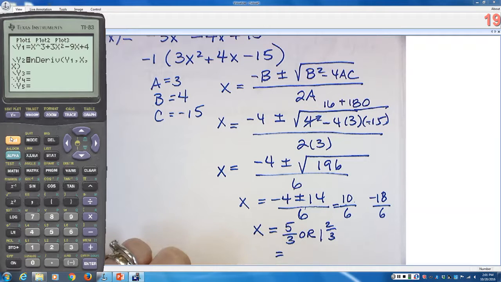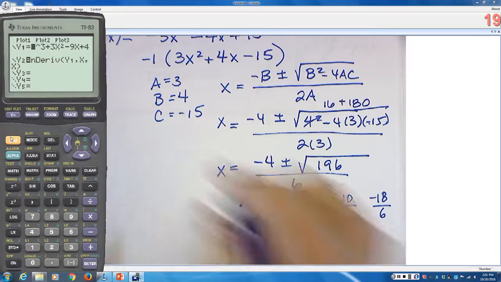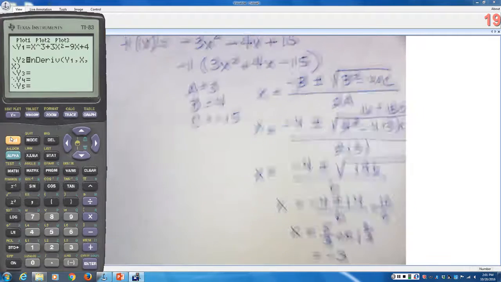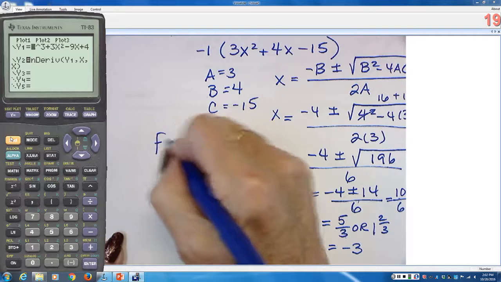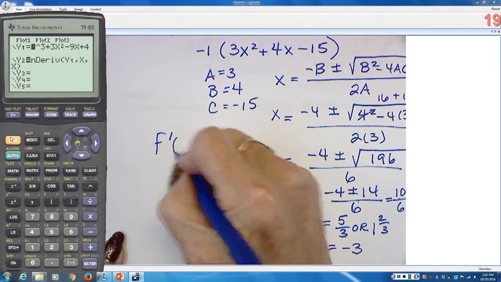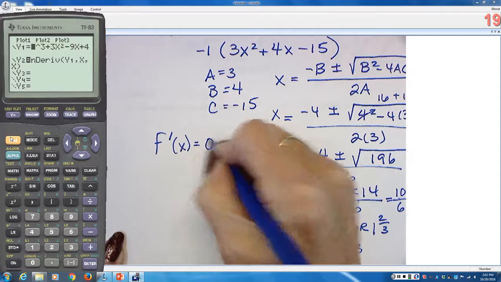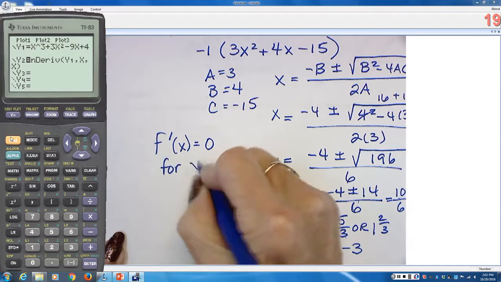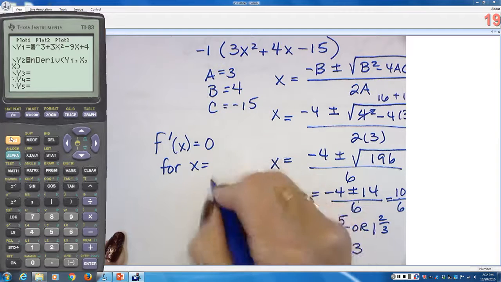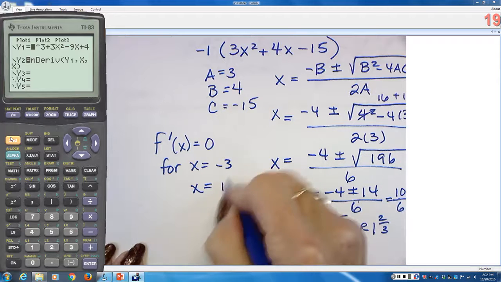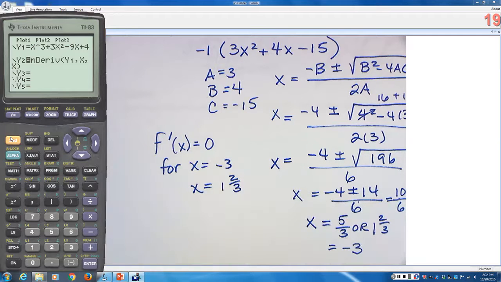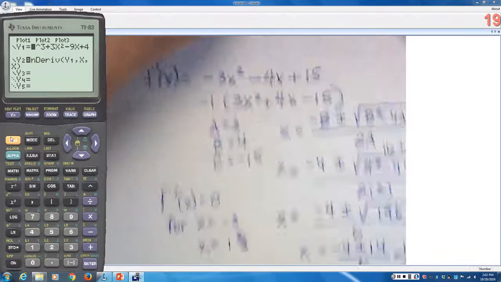And when x is equal to -3. So f prime of x is equal to 0 for x equals -3 and x equals 1 2/3 or 1.67. Since we're only going to locate it on a number line, we really could just change it into a decimal, I guess.